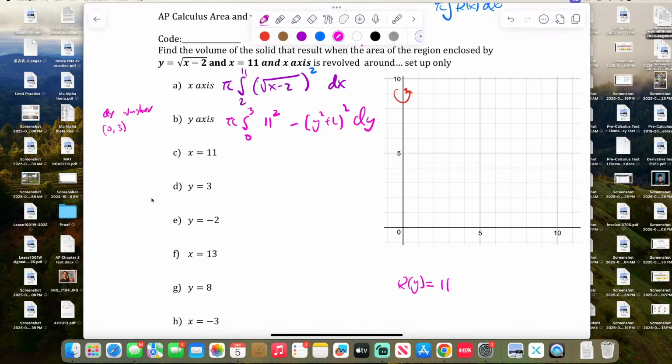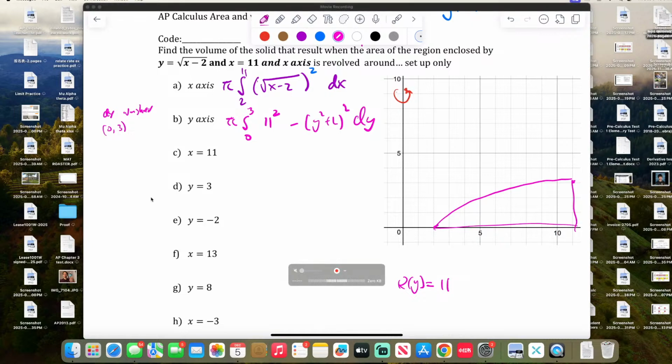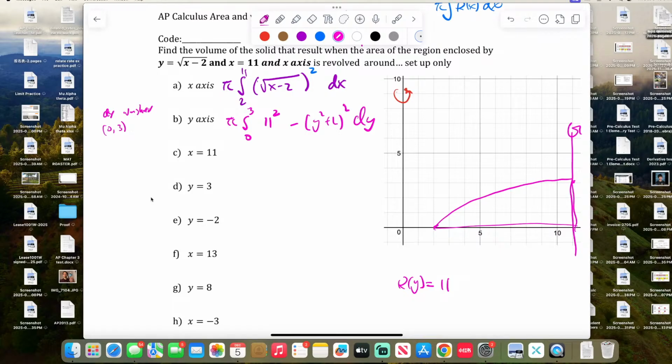If you understand it, great, but I'm going to go through the shell method in a second. So if I have this and rotate around here, now it looks like a hamburger bun, according to Emily. But you have to draw from the axis of rotation to here, so this will be a disk.